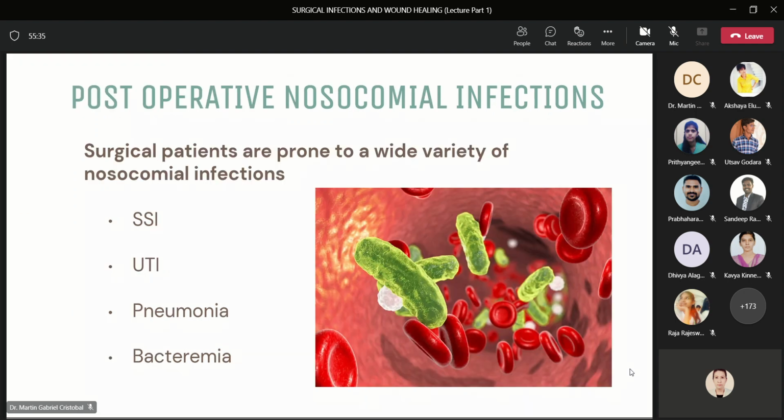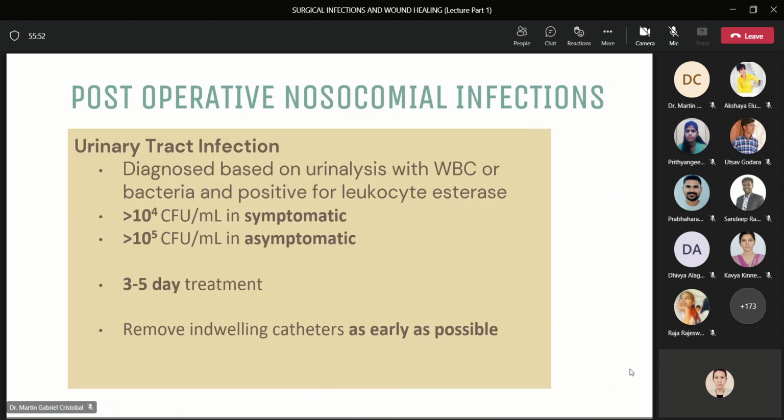Next are post-operative nosocomial infections. Surgical patients are prone to a wide variety of nosocomial infections, such as surgical site infection, urinary tract infection, pneumonia, and bacteremia. Urinary tract infection is considered based on a urinalysis demonstrating WBCs or bacteria or a positive test for leukocyte esterase.